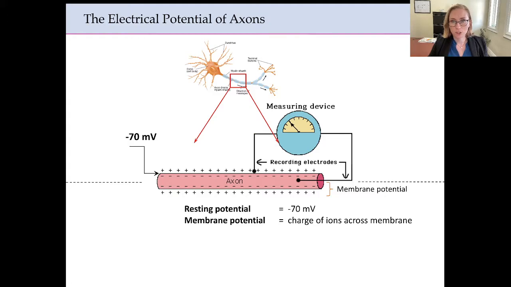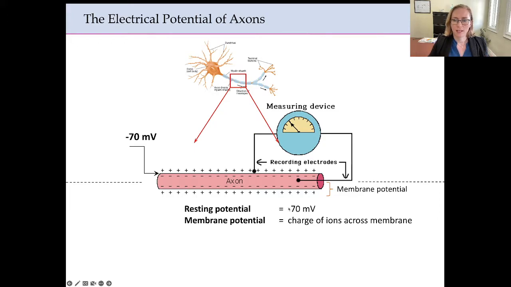It takes energy to keep that negative charge, and we have a charge of negative 70 microvolts. The membrane potential is simply ions. Ions can be positively charged or negatively charged. The configuration of positive or negative ions makes up what type of charge the membrane potential is going to be.